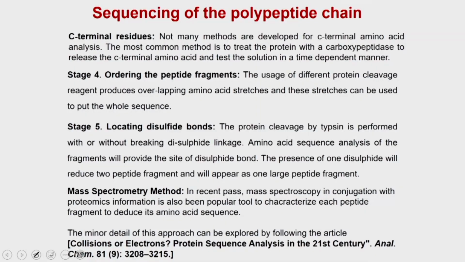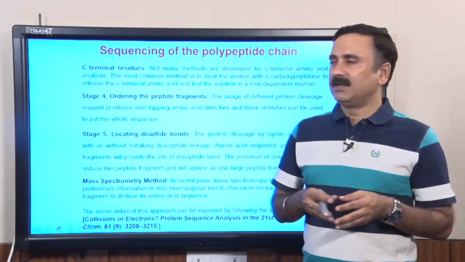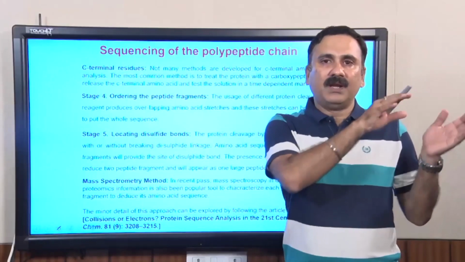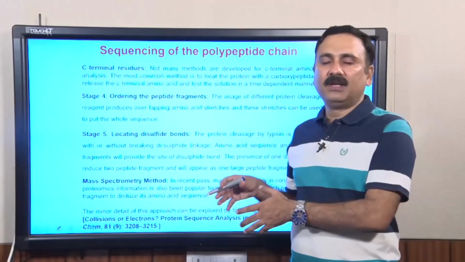Apart from that, so far what we have discussed is the sequencing of the N terminal amino acids. You can also consider the C terminal sequencing, because the protein has two groups, the amino group as well as the carboxyl group.